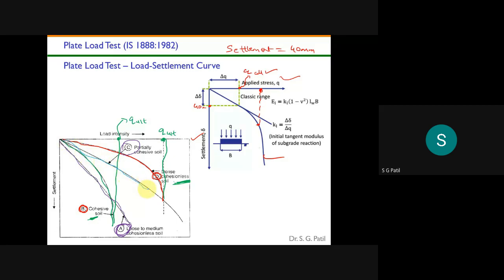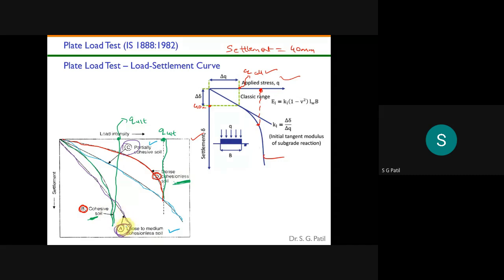There is no clear indication of your failure load. Usually this is the case for loose to medium cohesionless soil as well as for partially cohesive soil. For a dense cohesionless soil and for cohesive soil, we will get the other kinds of curves.